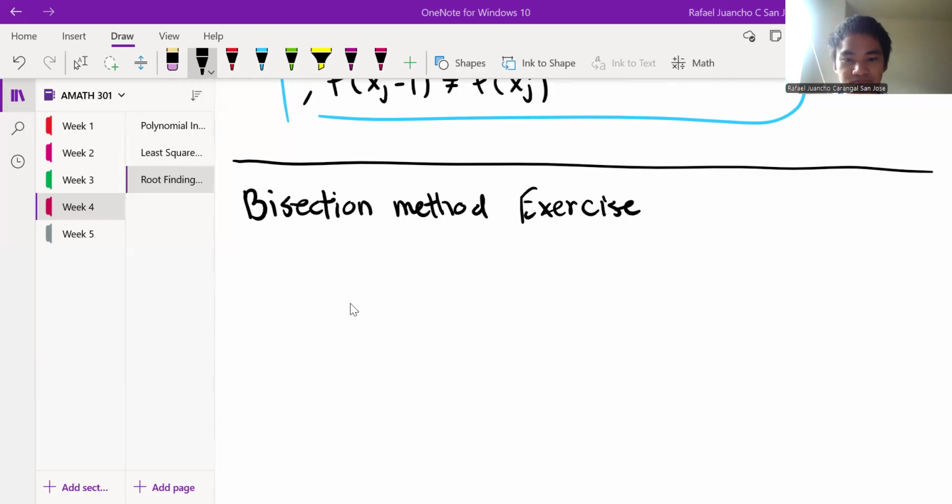Okay, you have a couple of them and some application stuff. Applications are really cool.